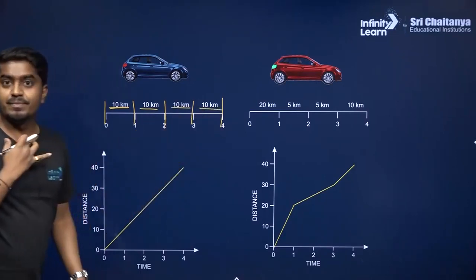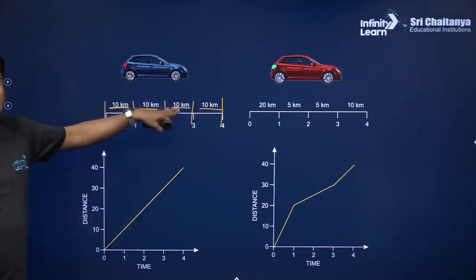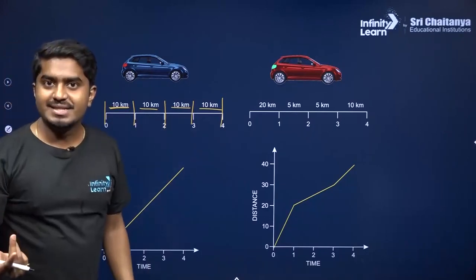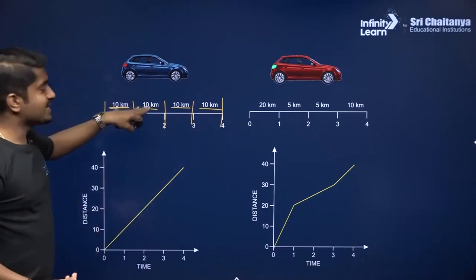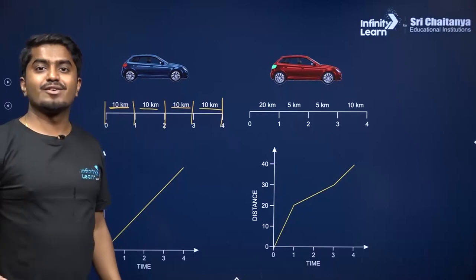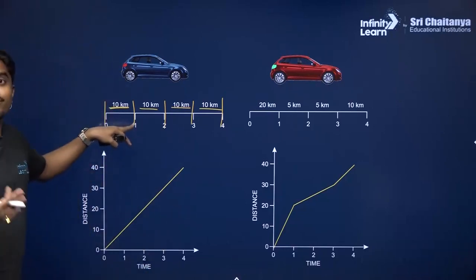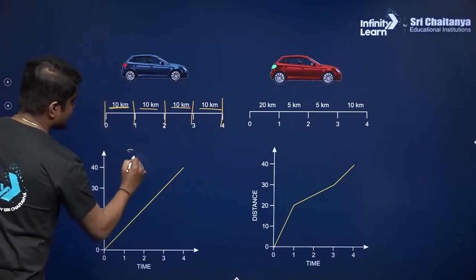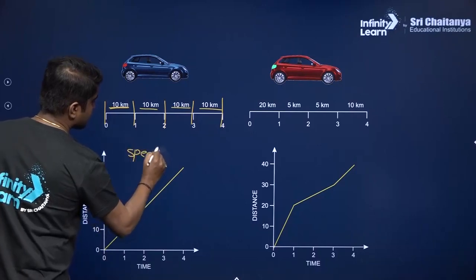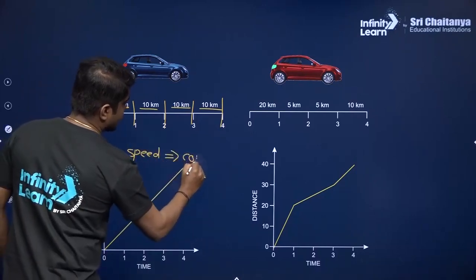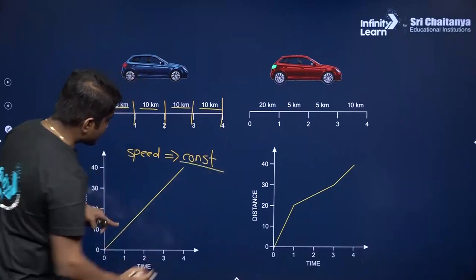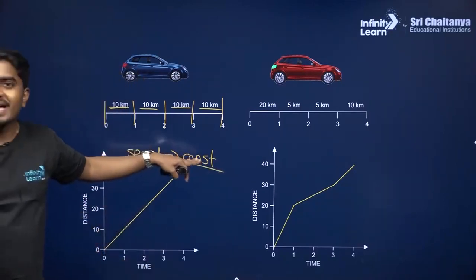Fourth interval, same. So whenever a car travels equal distances in equal intervals of time, that is called uniform motion, or here the speed is constant. So the speed does not change with time.